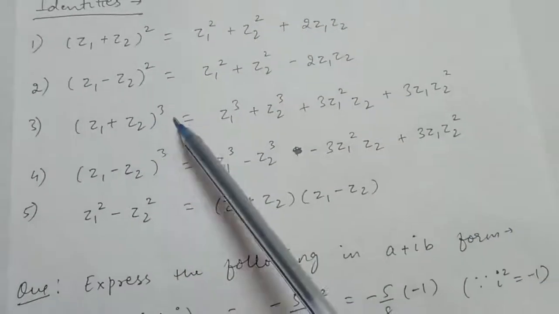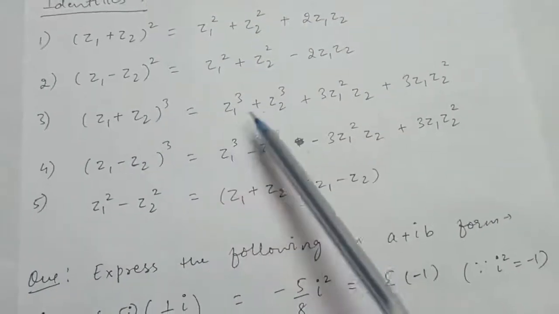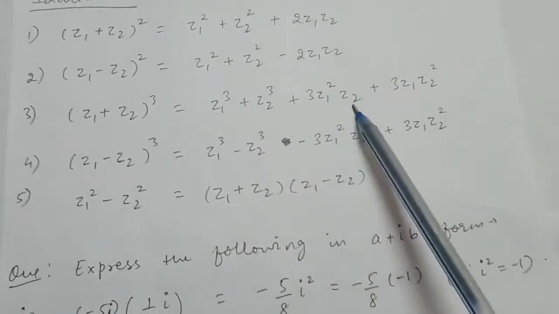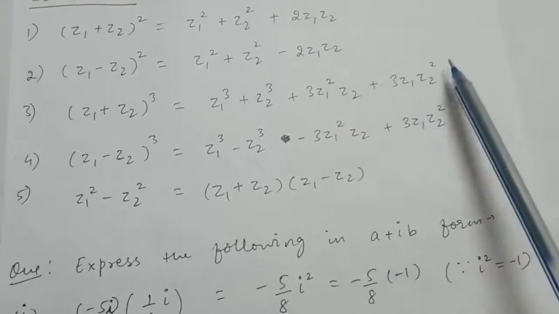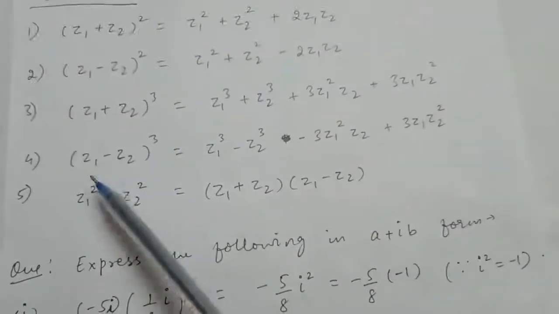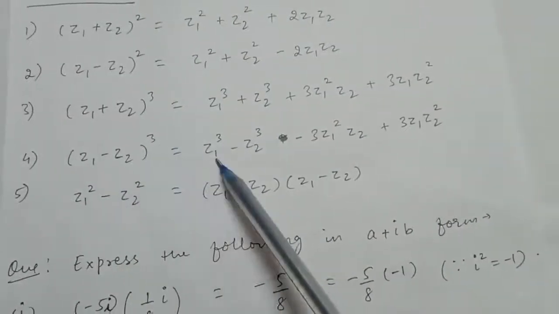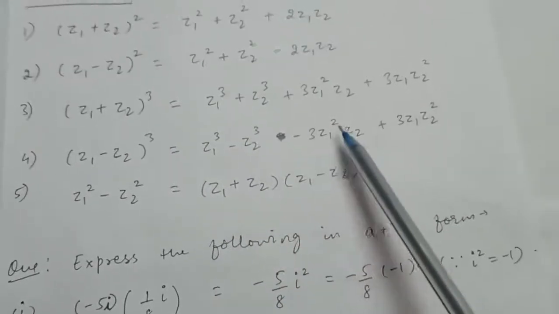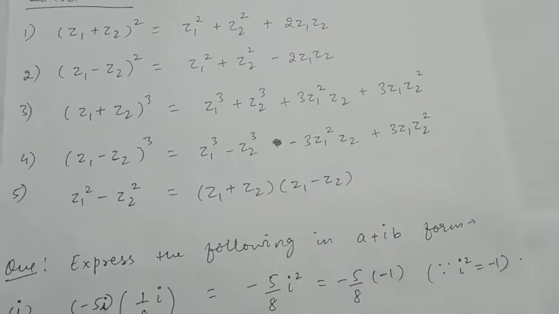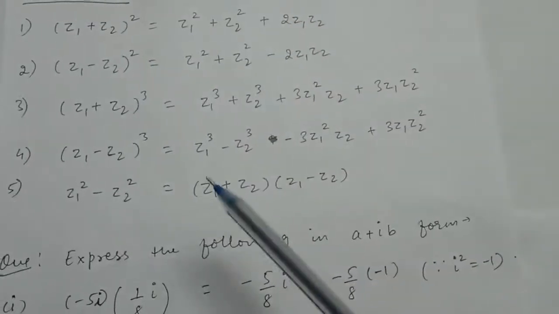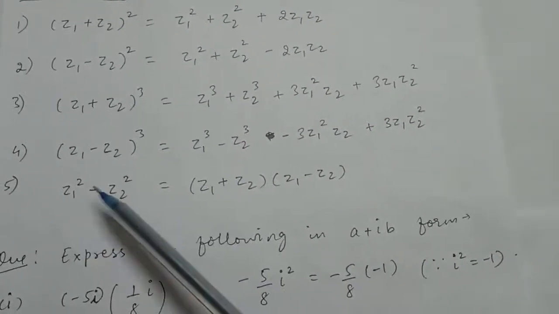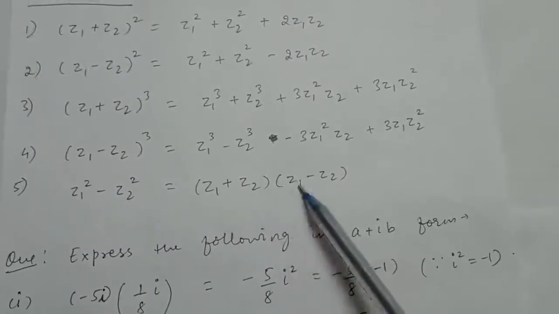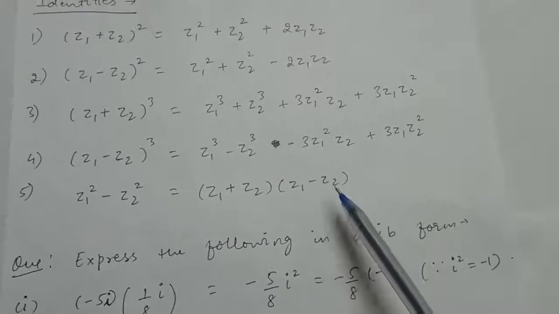(Z1 plus Z2) whole cube will be Z1 cube plus Z2 cube plus 3Z1 square Z2 plus 3Z1 Z2 square. Now (Z1 minus Z2) whole cube will be Z1 cube minus Z2 cube minus 3Z1 square Z2 plus 3Z1 Z2 square, and Z1 square minus Z2 square will be (Z1 plus Z2) into (Z1 minus Z2), right?